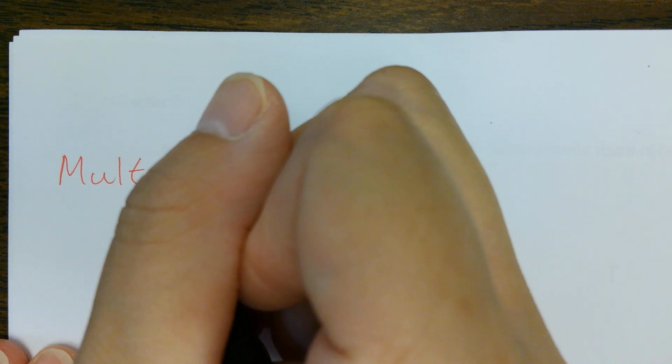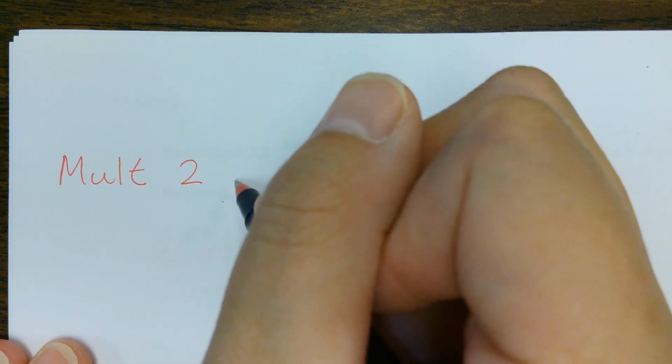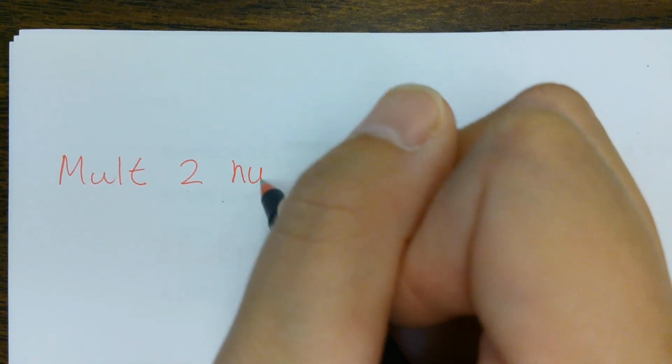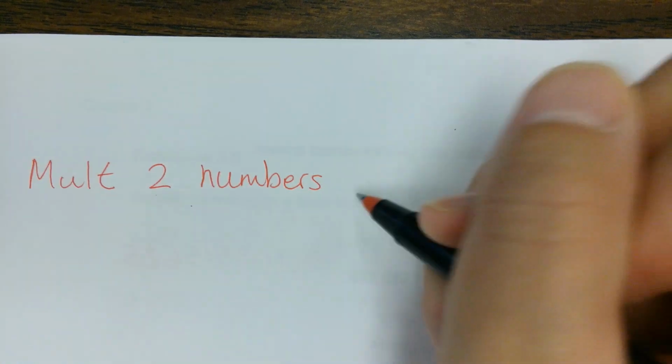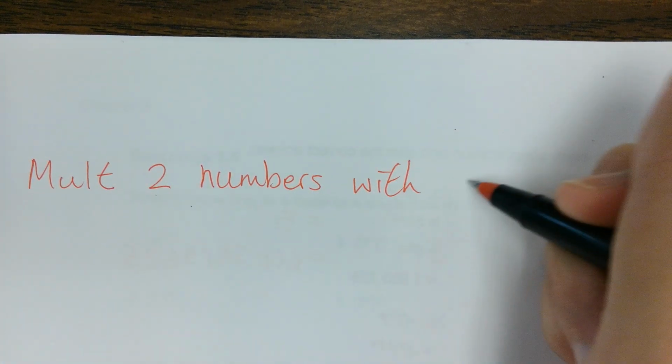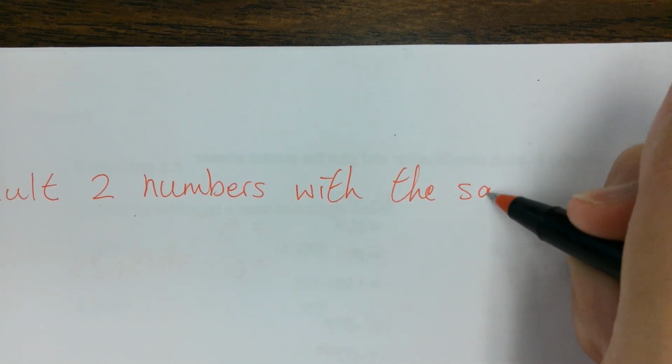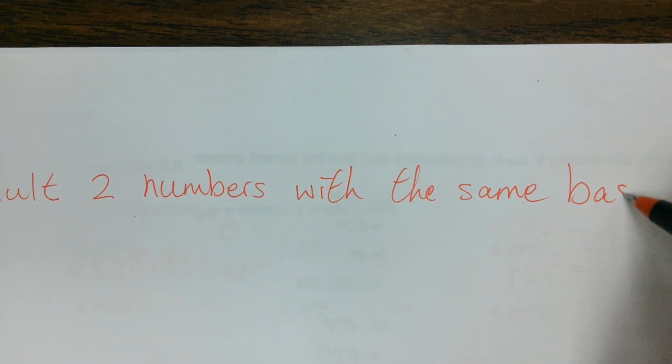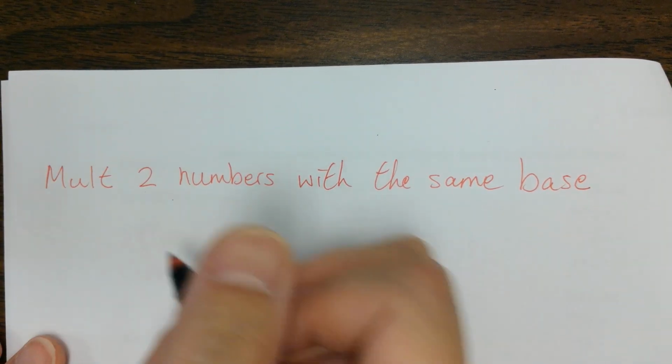Okay, so that's all there is. On this back page, I know I left a blank page right here. Just want to do a quick little summary. When you multiply 2 numbers with the same base, what do you do to the exponents?